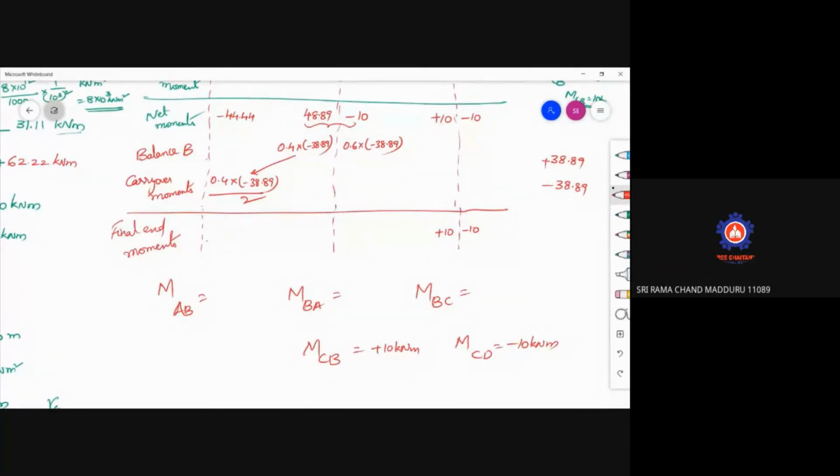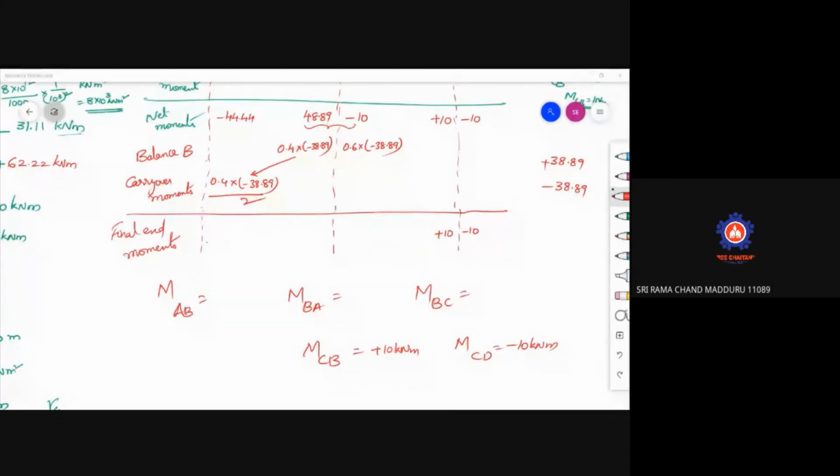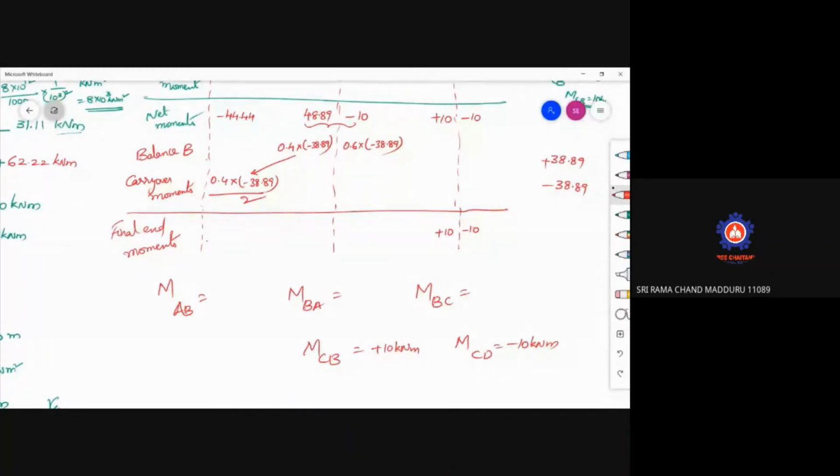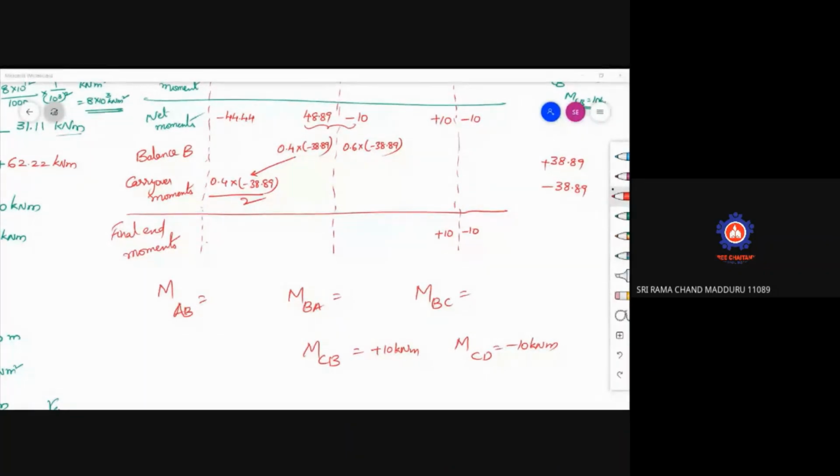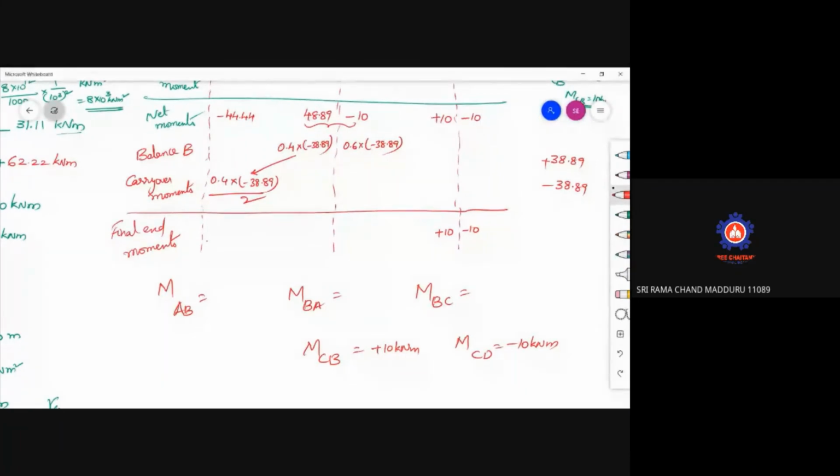What is this value here? If you write minus 52.22, what is that one? MAB or MBA? Which one do I have to write here? AB. So minus 52.22 kilonewton meter, which is MAB.